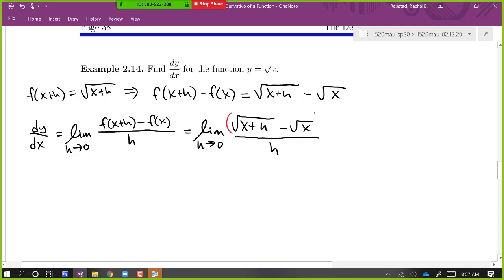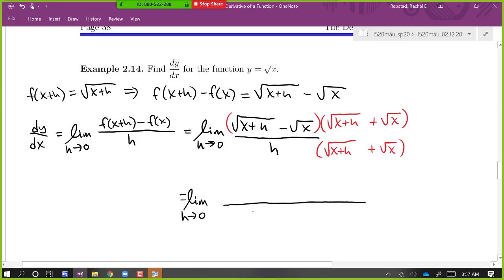I'm going to multiply the top and the bottom by the square root of x plus h plus the square root of x. On the bottom, again, I'm going to leave this factored. I've got h times root x plus h plus root x.